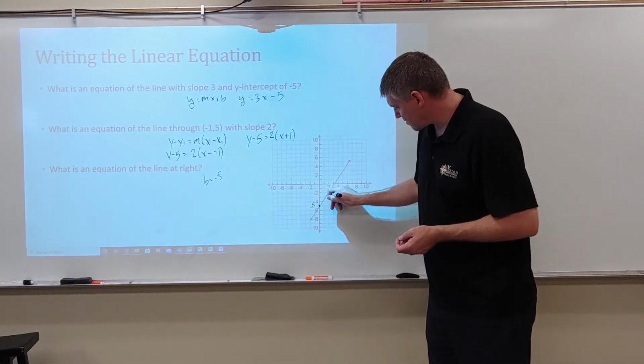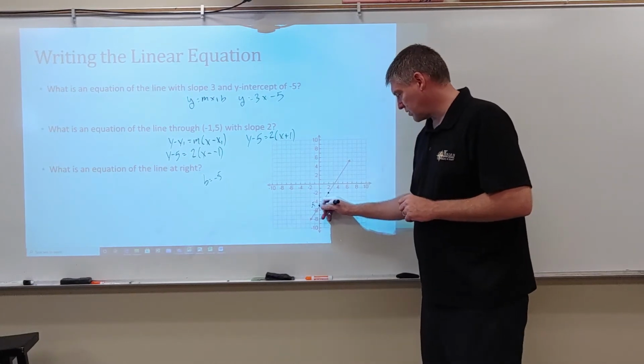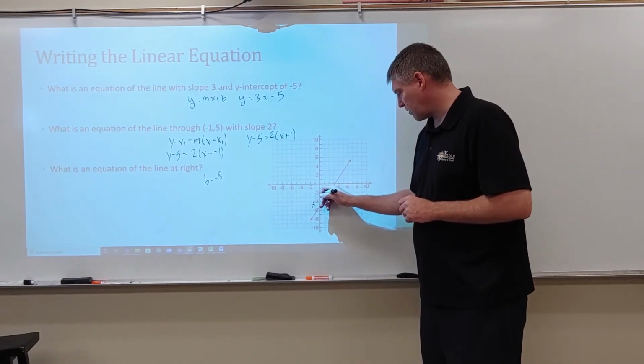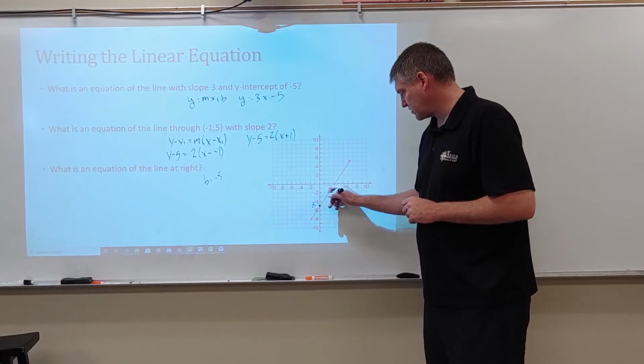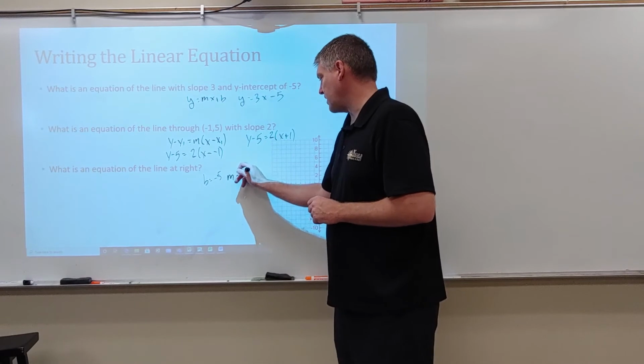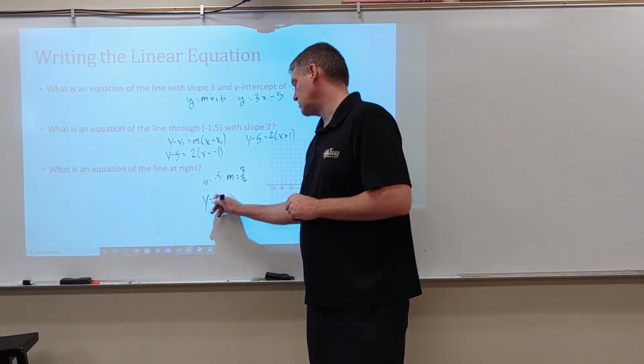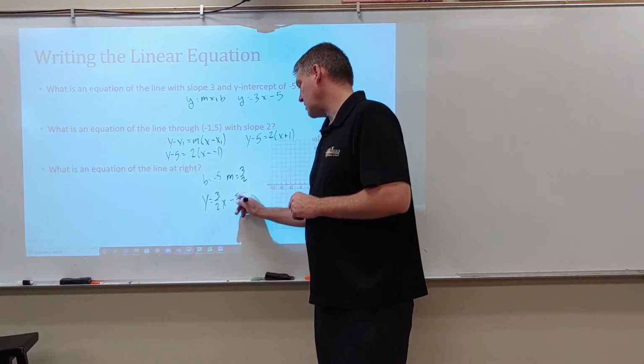Well, it crosses it right here. So now I'm going to look for my slope. I'm going to go 1, 2, 3. So my rise is up 3, and over 1, 2. So my slope is going to be 3 over 2. So now I can plug it in. y equals 3 over 2 x minus 5.